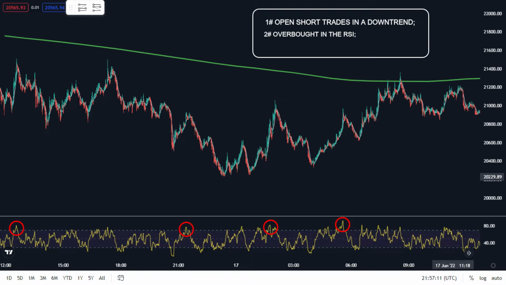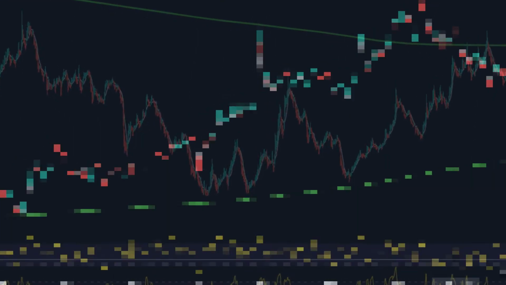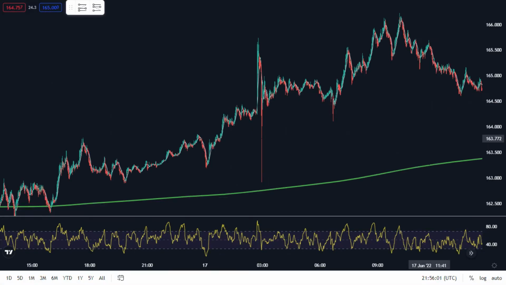And here comes our third rule, which will help us time our entry perfectly. We must wait for a red Heikin-Ashi candle to break and close below the fast-moving average, in this case the indicator that is moving closer to the chart. In a similar manner, we can set up our rules in the case of a bull market.